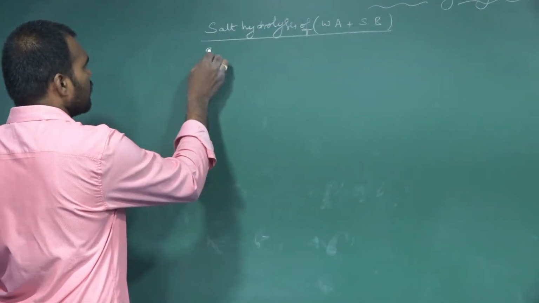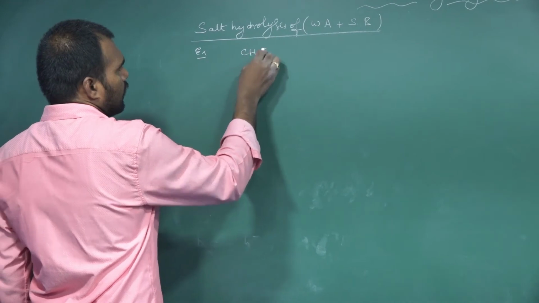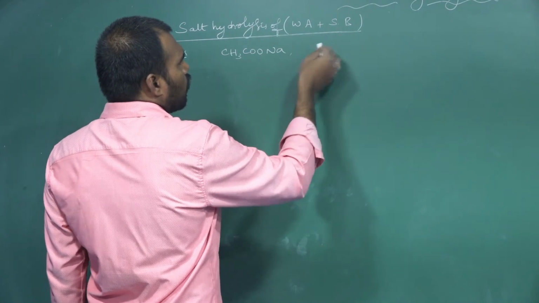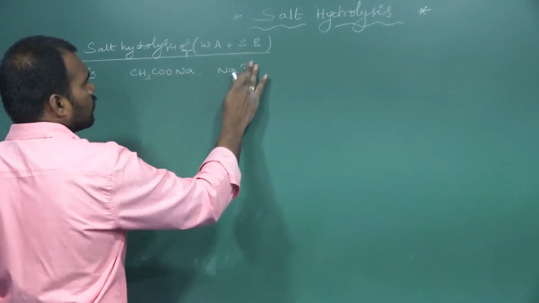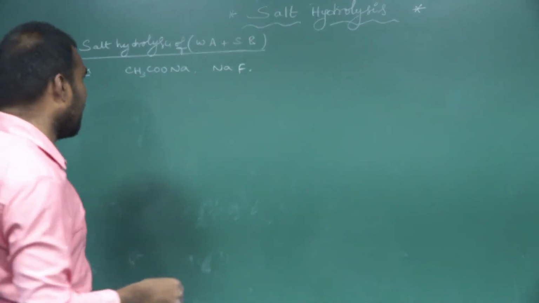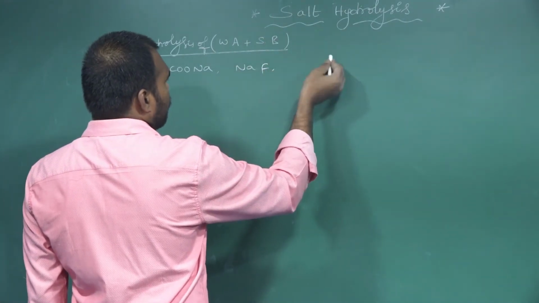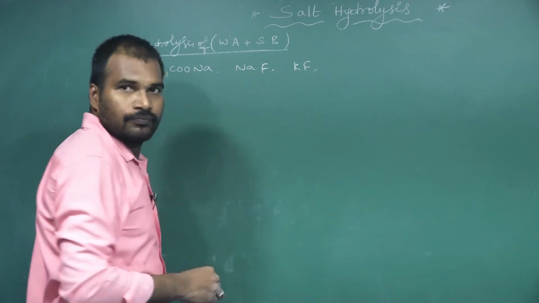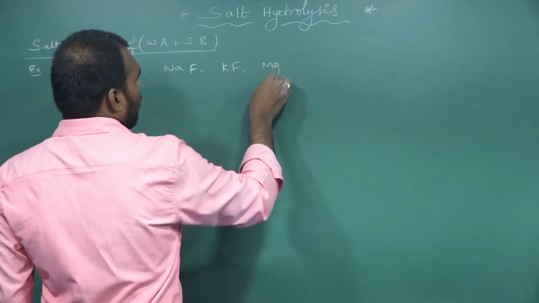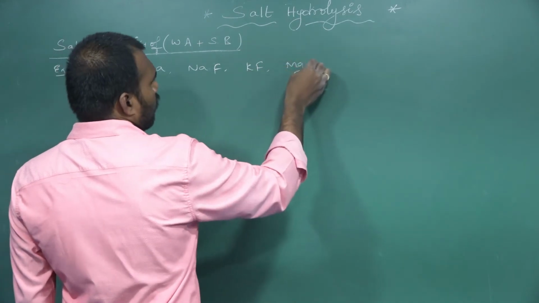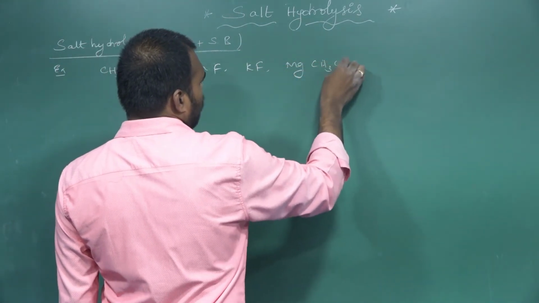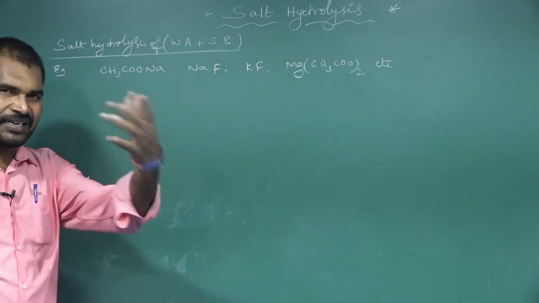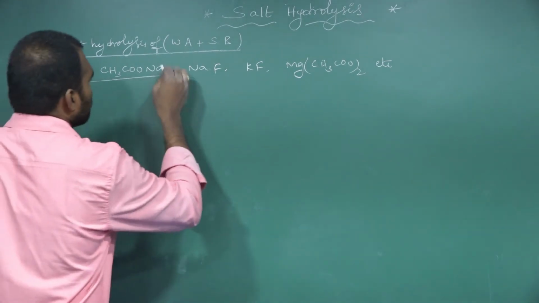If you see the examples for this, CH3COONa is the best example, or else NaF, which is HF with a strong base, KF, and magnesium acetate, (CH3COO)2Mg, etc. So these all are examples of salts which are made up of weak acid and strong base. So here I am taking sodium acetate.